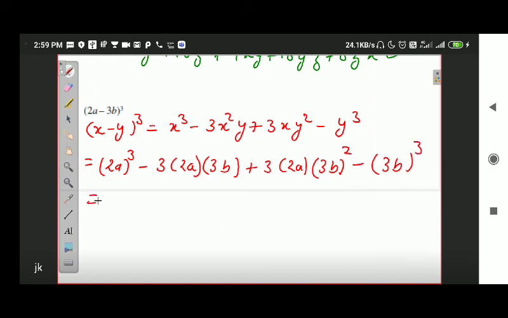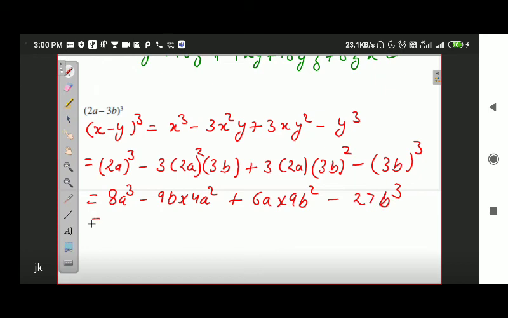Okay, cube of 2 is 8, 8a cube minus this was square. 2a square is 4a square. So this will be 9b into 4a square plus 6a into 9b square minus 27b cube.